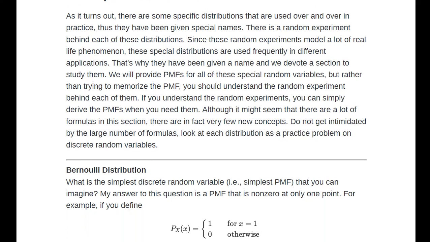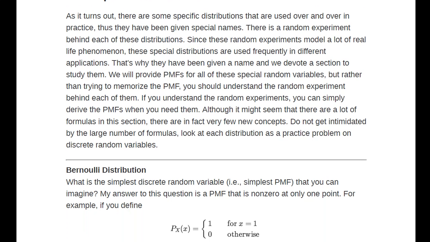There is a random experiment behind each of these distributions, since these random experiments model a lot of real-life phenomena. These special distributions are used frequently in different applications. That's why they have been given a name, and we devote a section to study them.